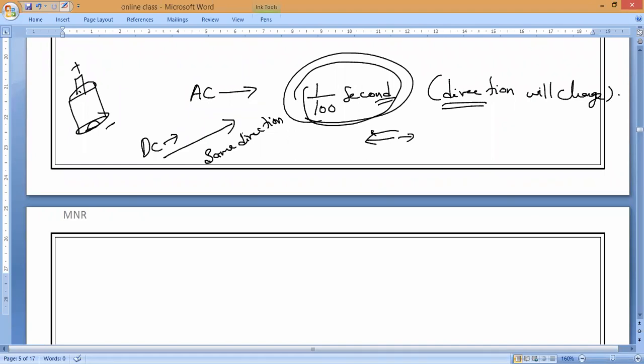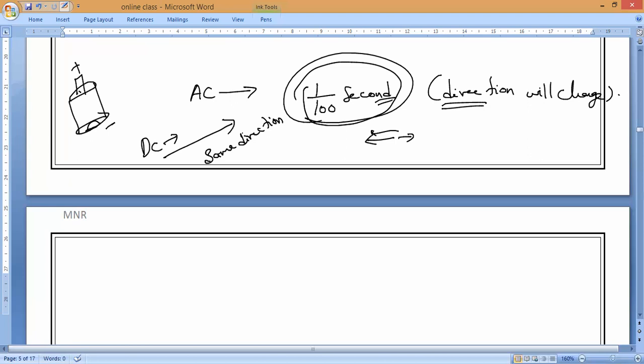Now, the advantages of AC over DC: with DC we cannot increase or decrease the voltage, whereas with AC the transmission loss is almost negligible, so the cost of AC transmission is also low. That is the major advantage of AC currents.